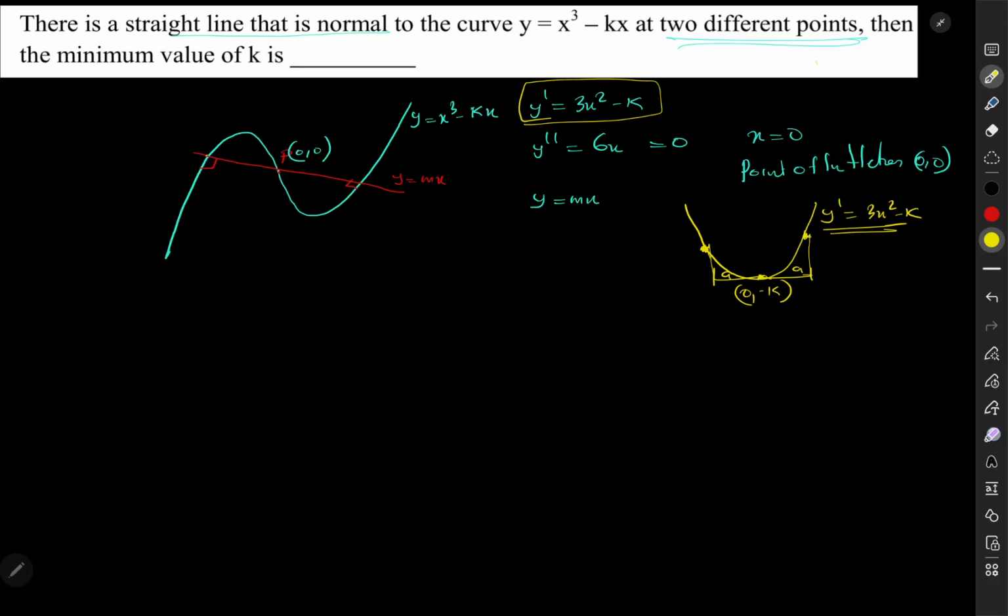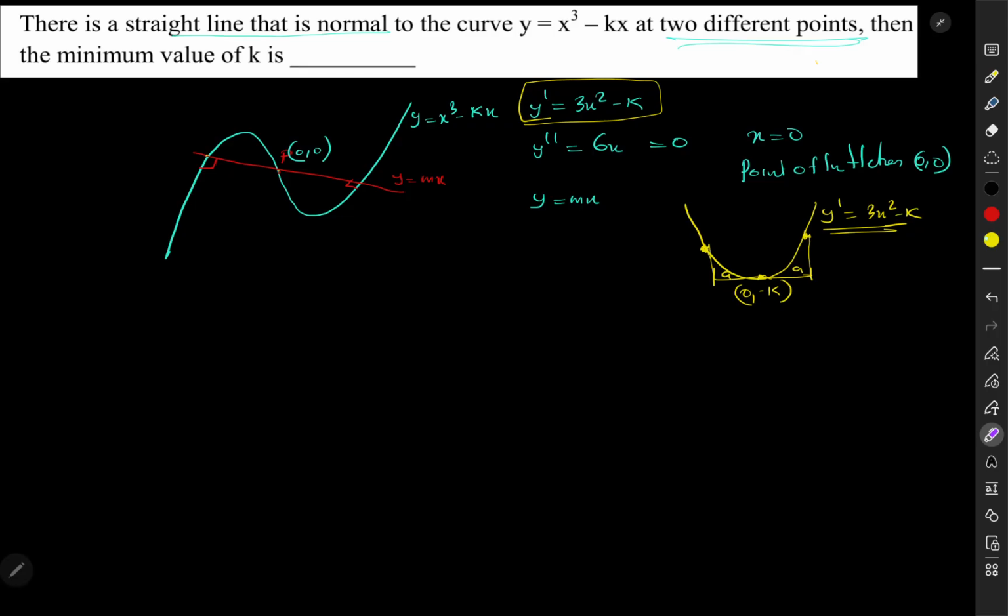From this I traveled here, and here I have a tangent, here also I have a tangent. Both tangents are parallel. Why is it like that? Because its derivative is a quadratic function, and a quadratic function is symmetric about its vertex. That's why. Okay, so that's the reason we say this normal will pass through the point of inflection.